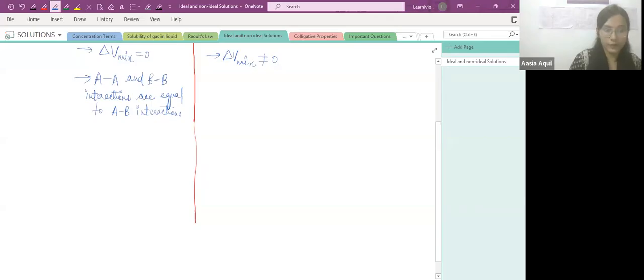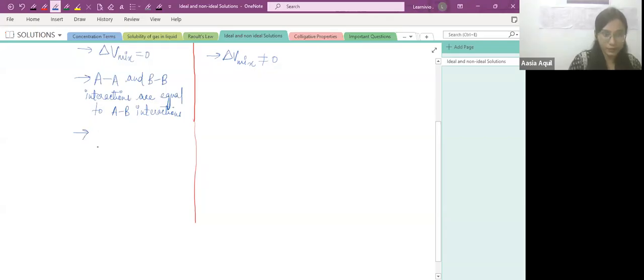So the force of attraction of AA and BB interactions is similar to that of AB interactions. But in the non-ideal one, it is different. We will talk about the non-ideal solution in detail, but before that, first let me clear the ideal solution.